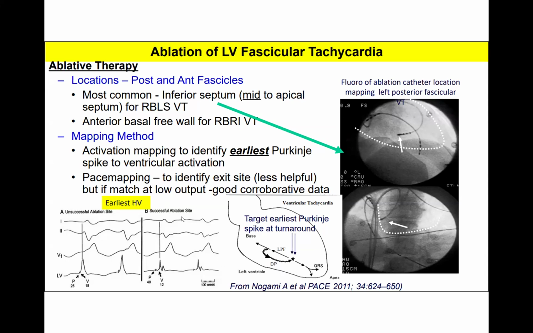But still, the exit site is good corroborative data. So this is from Nogami, and he compared the successful ablation site and the unsuccessful ablation site. As we see here, he also had a P potential here, and the P potential and V potential are already fused with each other. So if our EGM looks like this, he suggested that this is an unsuccessful ablation site.